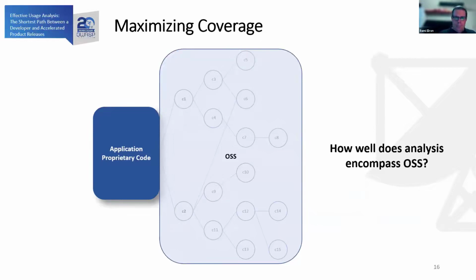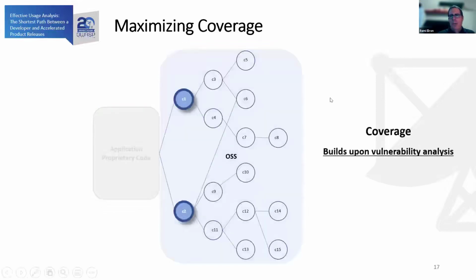The idea underlying this example is, as you can see, in contrast with a very simplistic one presented earlier, here we have multiple levels of dependencies. And the key idea with regard to coverage is how well does the analysis encompass open source? So one way is to say that we are actually looking only at the direct dependencies.